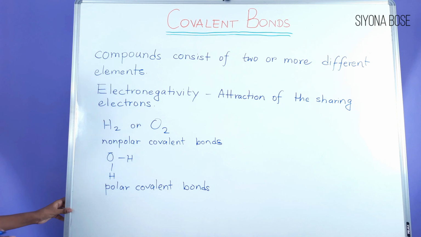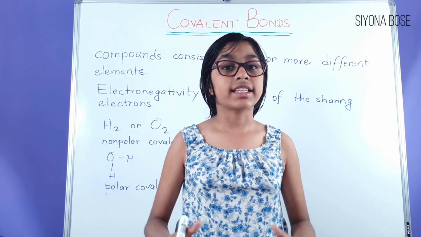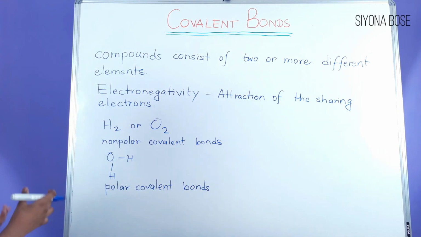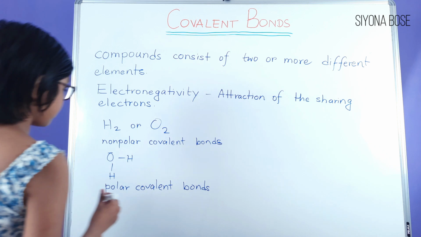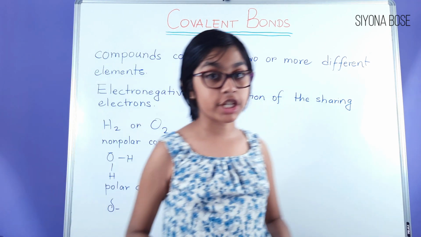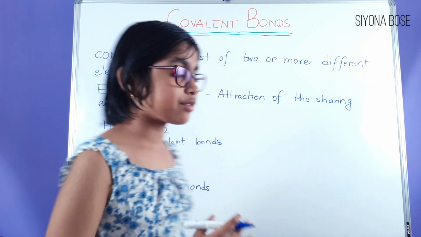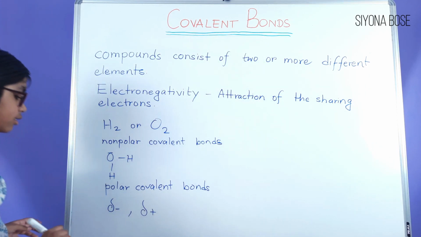Polar covalent bonds. Over here, the oxygen attains a partial negative charge, which is represented by delta minus, and the hydrogens attain a partial positive charge, which is represented by delta plus.